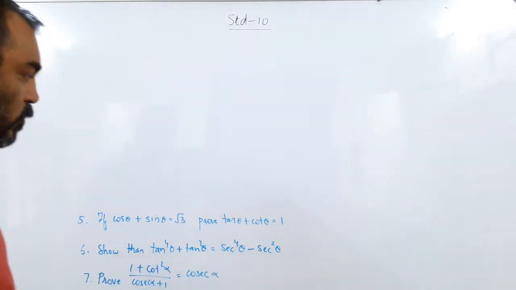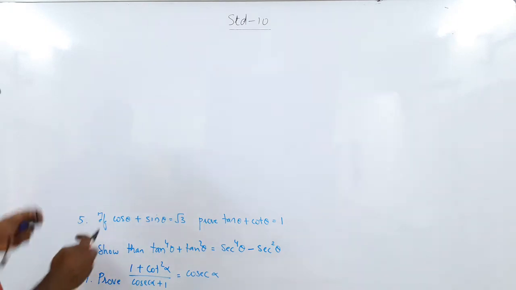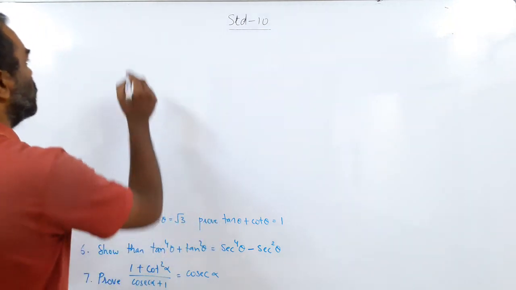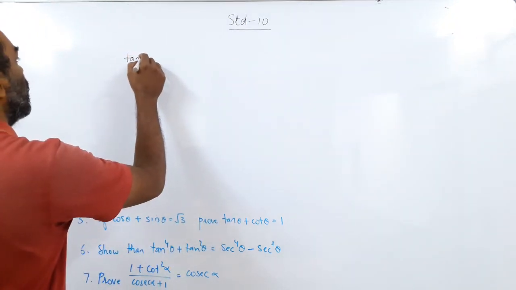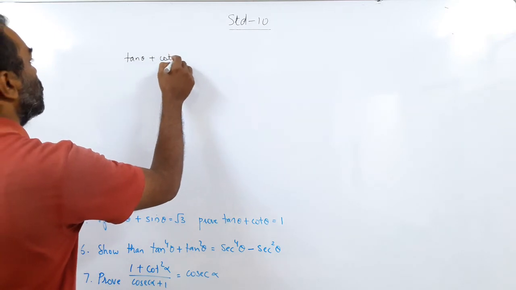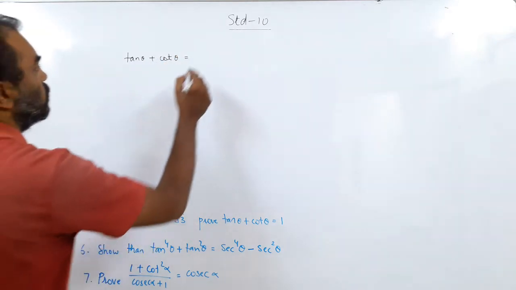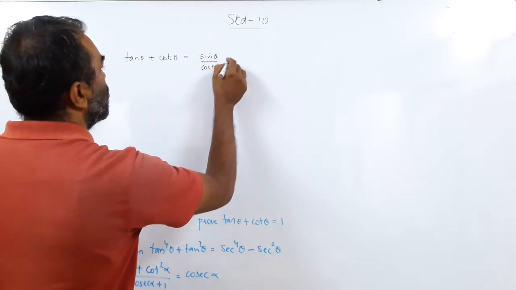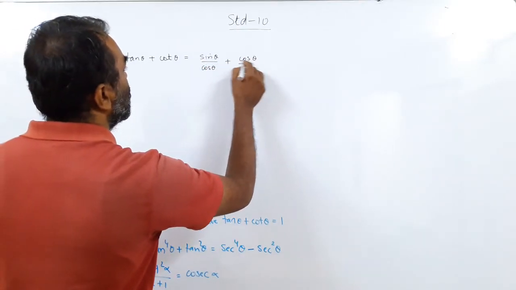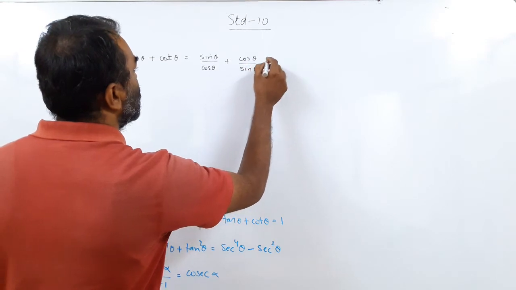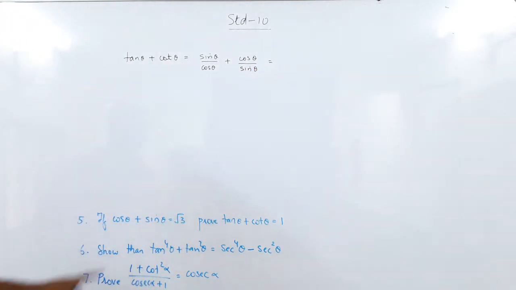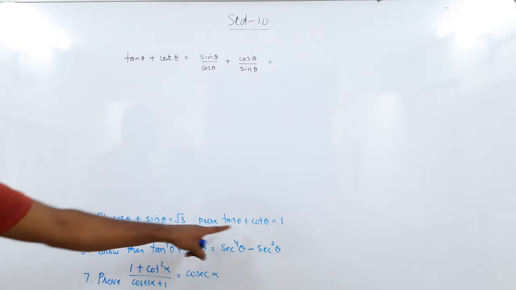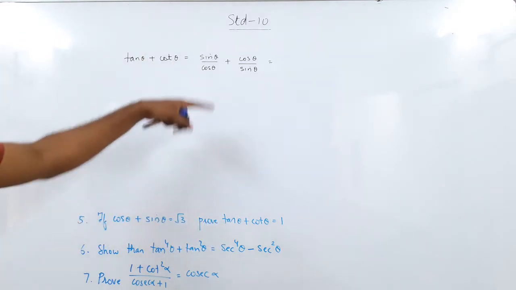So first let us see what I am going to do. Tan and cot, we have to prove this, but first tan theta plus cot theta. What is that equal to? That is sin theta upon cos theta plus cos theta upon sin theta. Simple, because here the value is given in sin and cos, so I change tan theta and cot theta into sin and cos.